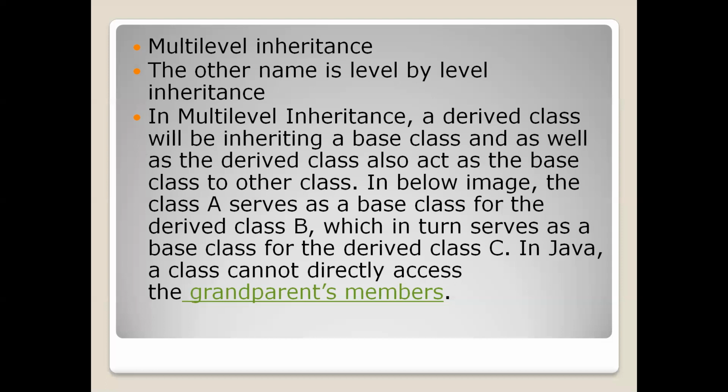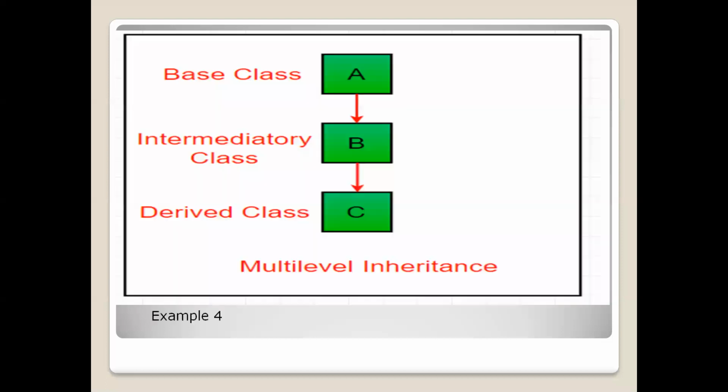So your father is going to achieve some properties from your grandfather, and you are going to achieve some properties from your father, right? Let us see an example. Let us see the picture representation of multi-level inheritance so that you will get some idea.